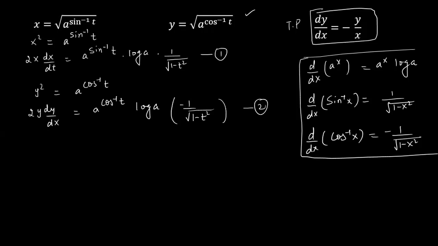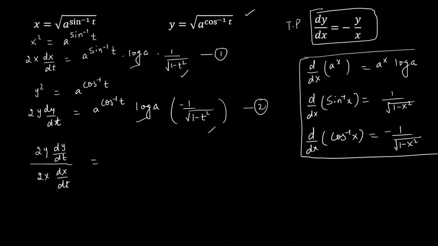Now divide equation 2 by equation 1. We get 2 times of y dy over dt divided by 2x dx over dt equal to, log a gets cancelled, 1 over square root of 1 minus t square gets cancelled.